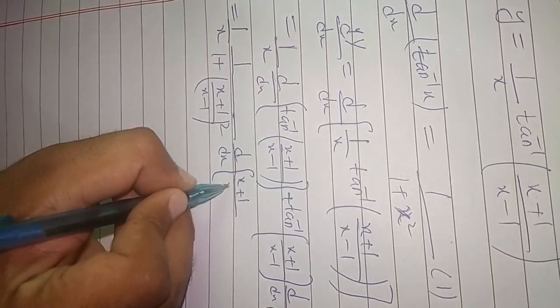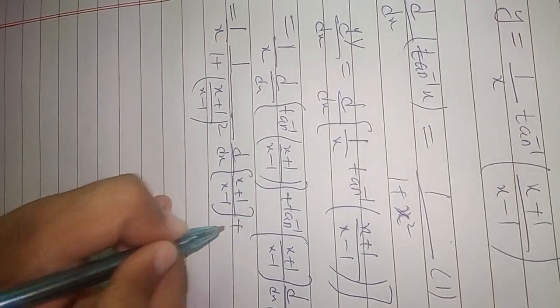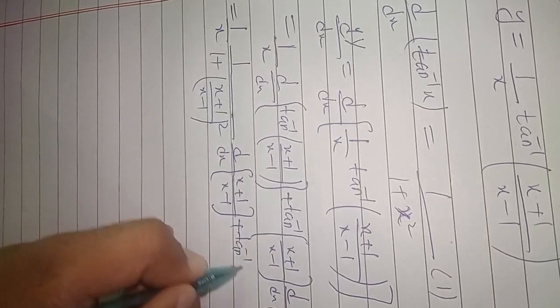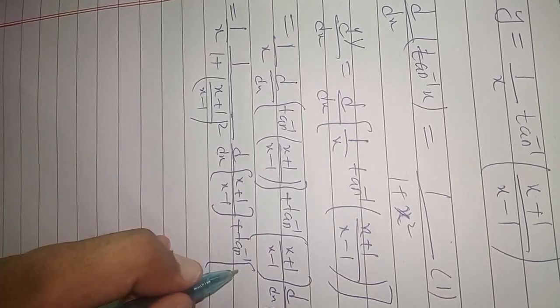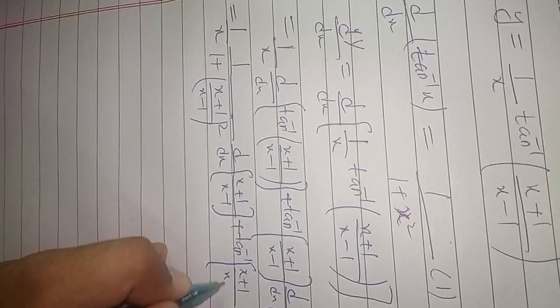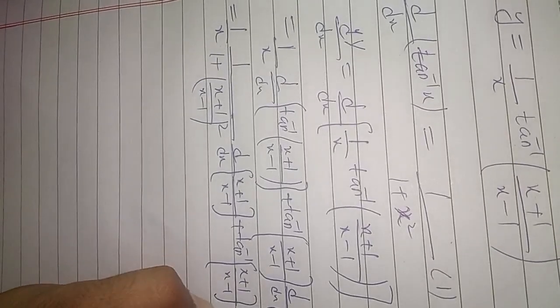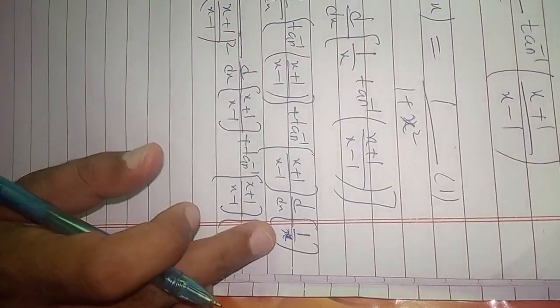So what is the angle? It is x plus 1 over x minus 1, plus tangent inverse x plus 1 over x minus 1 will come as it is, and then we are going to take the derivative of the second function, 1 over x.